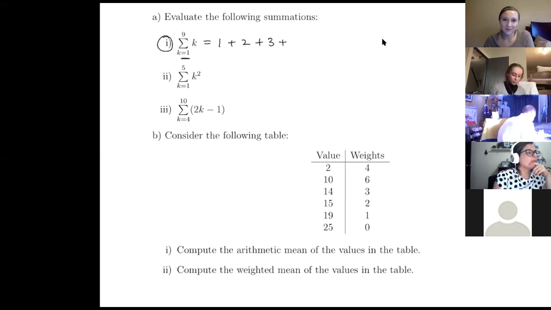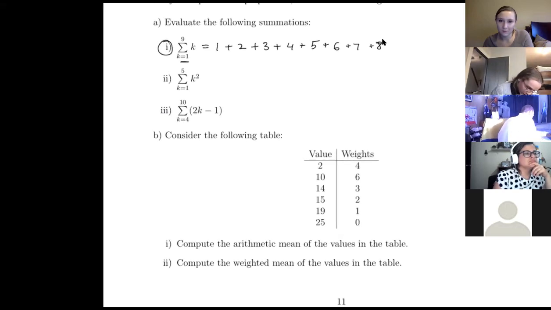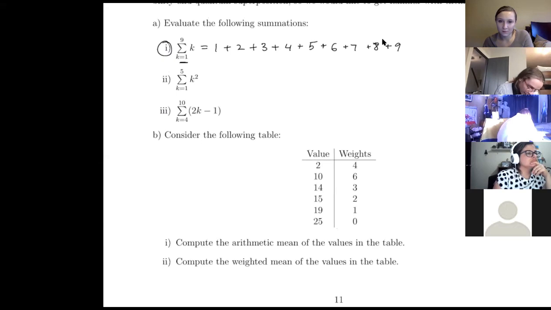Okay, so it's 1 plus 2 plus 3 plus 4 plus 5 plus 6 plus 7 plus 8. Wait, I'm going to make it a little bit smaller. Plus 9. And then you just add all of those up.